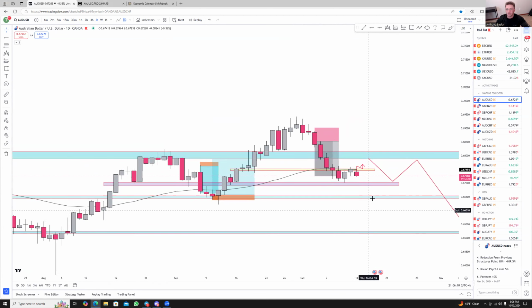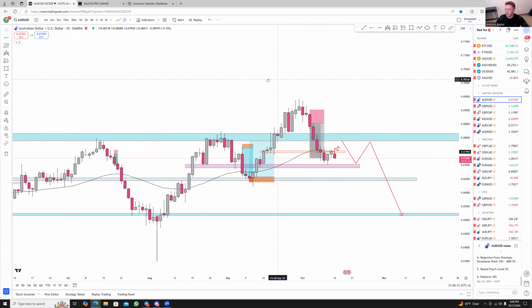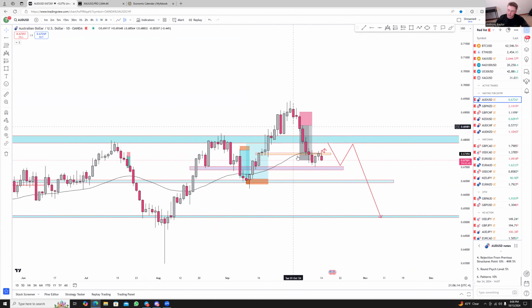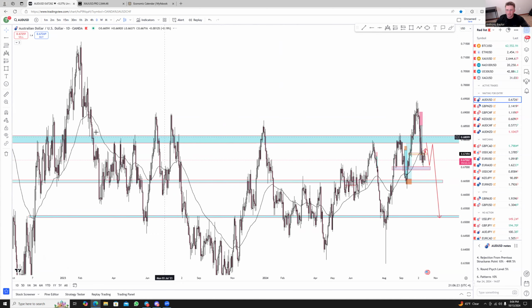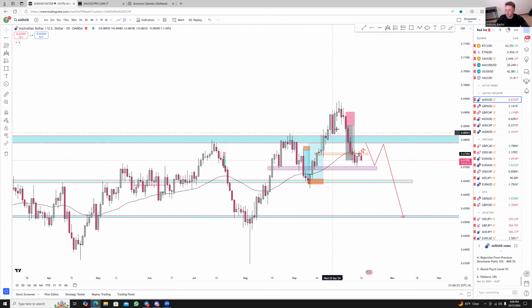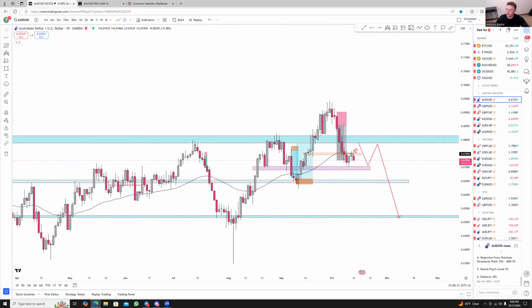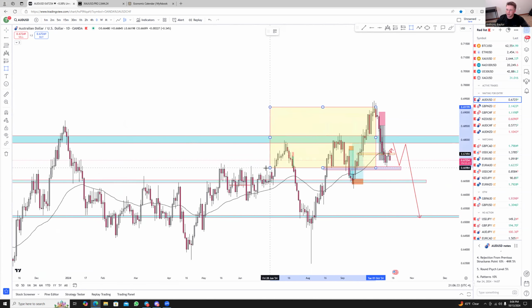All right. Now let's go down to our daily here. Daily is bearish. How do we know? Higher high, higher low. Is there enough touches here? 1, 2, 3, 4. Yeah, I would give this a higher low. So higher high, higher low, shift in structure. Boom. Is there any daily area of interest in here?